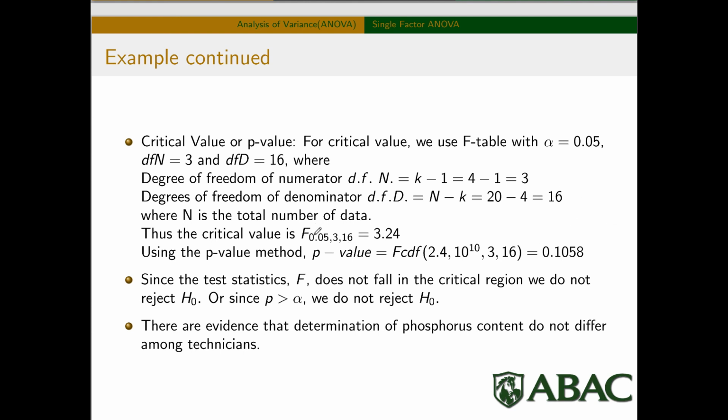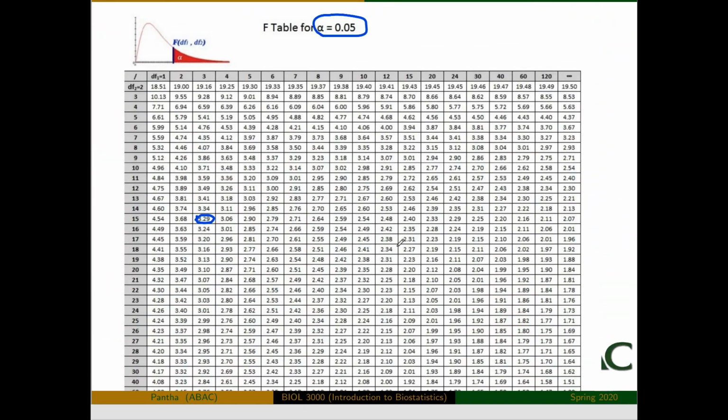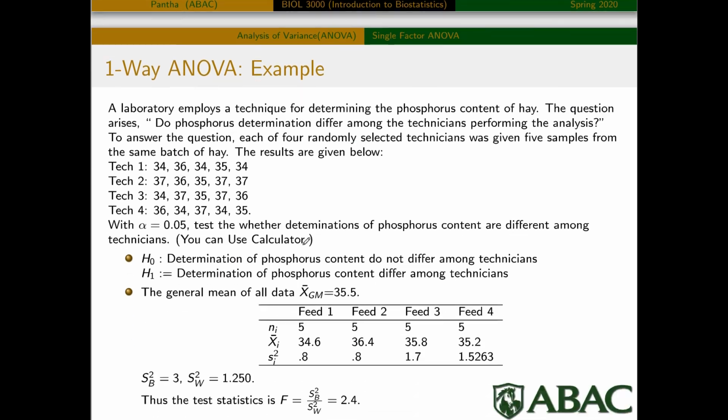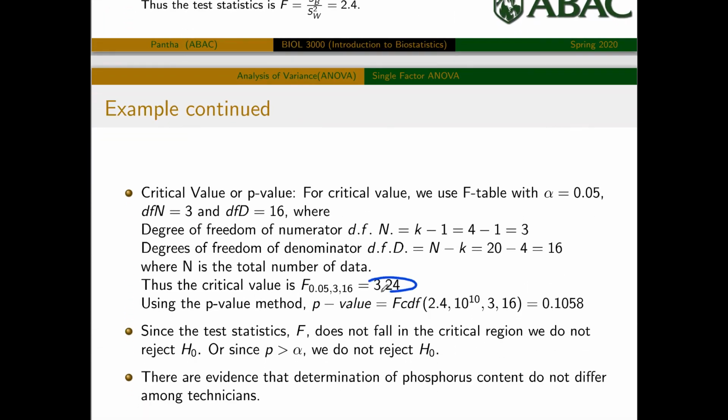And then with alpha equals 0.05, the critical value, for 3 and 16, is 3.24. You see that? This is 3.24 there. So we got 3.24 as the critical value.